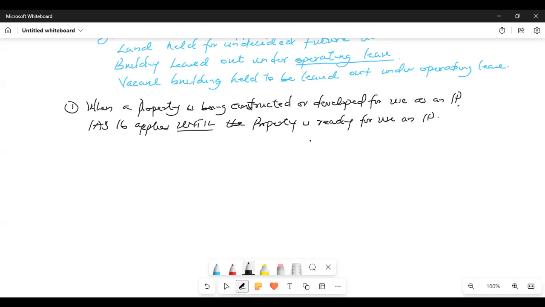All right. So you have to finish it. After you have finished and made it ready for use, then IAS 40 will apply. Okay. So please take note of that.